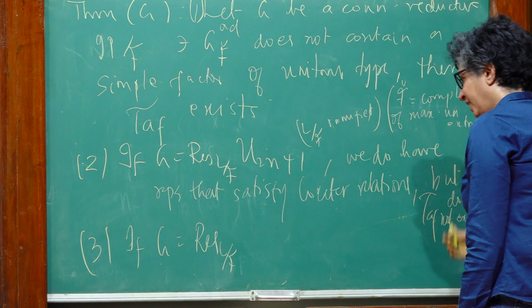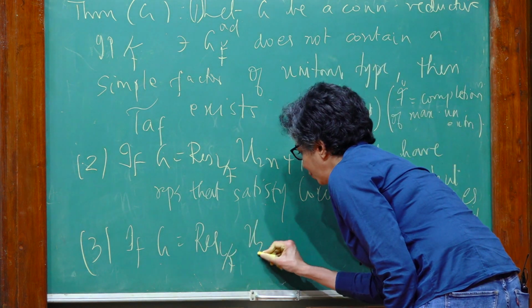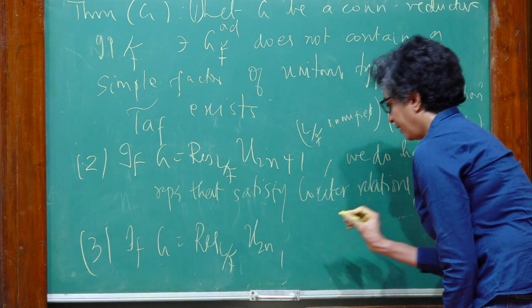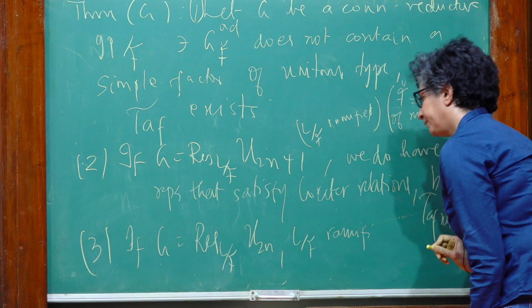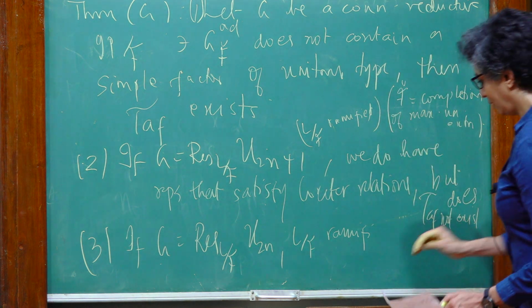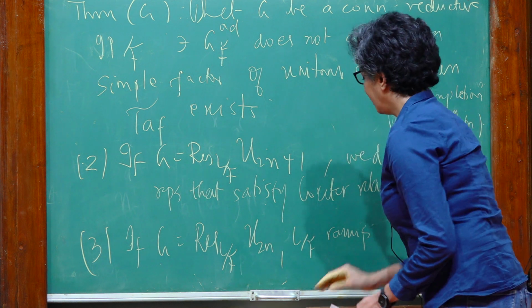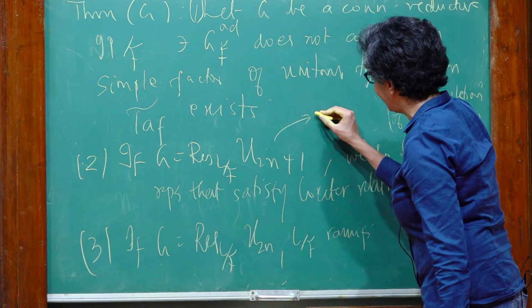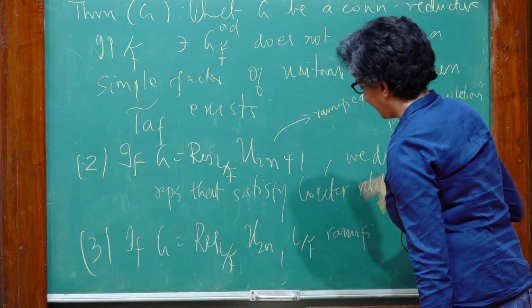When G is restriction L over F of U2N, any ramified extension, oh, not L over F, sorry, I'm messing this up. I mean, the quadratic extension defining the unitary group is ramified. The unitary group is a ramified unitary group.